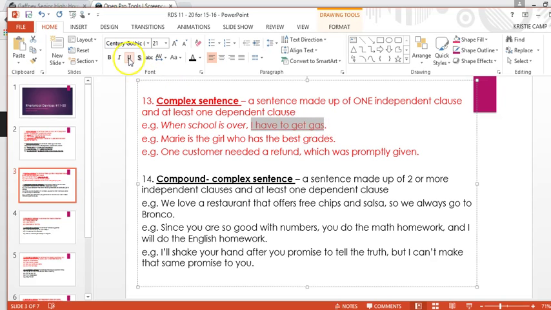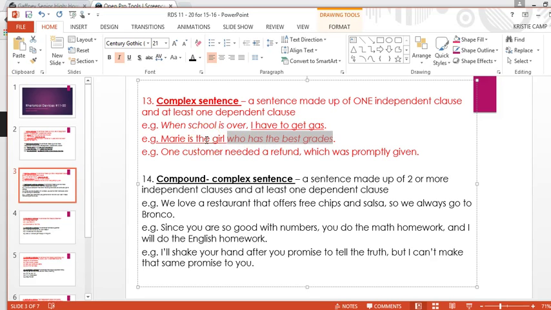It can stand alone. So that makes this a complex sentence. Dependent clause, independent clause. Marie is the girl who has the best grades. Marie is the girl is your independent clause. It can stand alone. Who has the best grades is a dependent clause. It has a subject, who, has the verb, but it cannot stand alone. So there's your dependent clause.